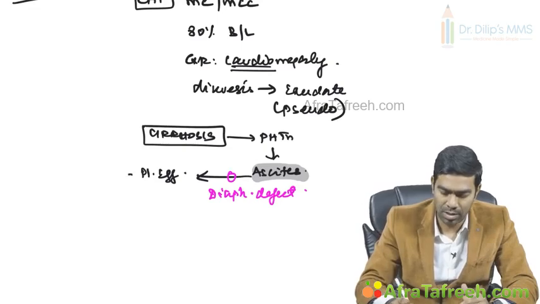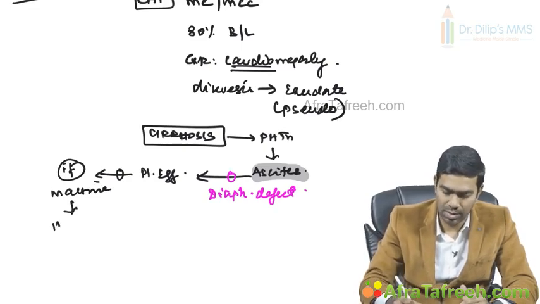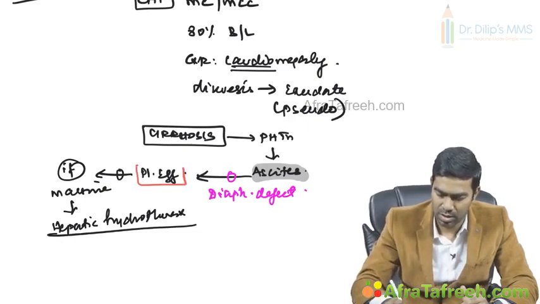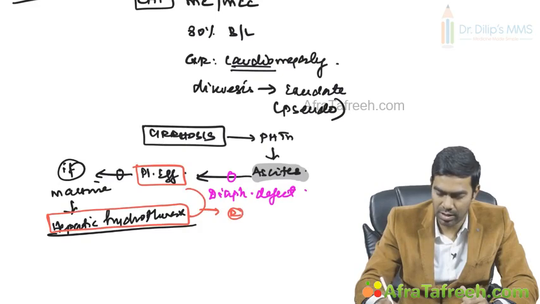At the same time, if the pleural effusion is massive, that is referred to as a hepatic hydrothorax. Very commonly, the hepatic hydrothorax as well as the pleural effusion are on the right side.